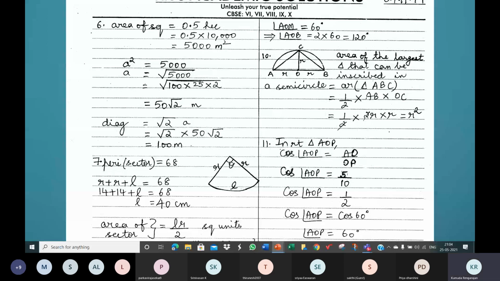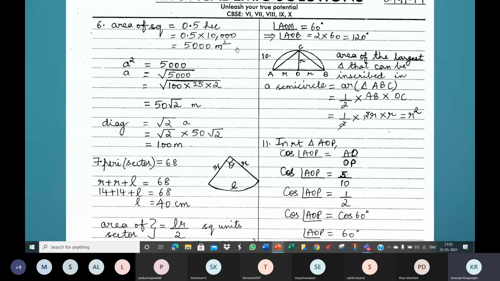You can also use a formula if you want to use this formula. Area, that is, we need to find the diagonal, right? So you have this formula, no? Area is equal to half d square. You have the area here, area of the square.